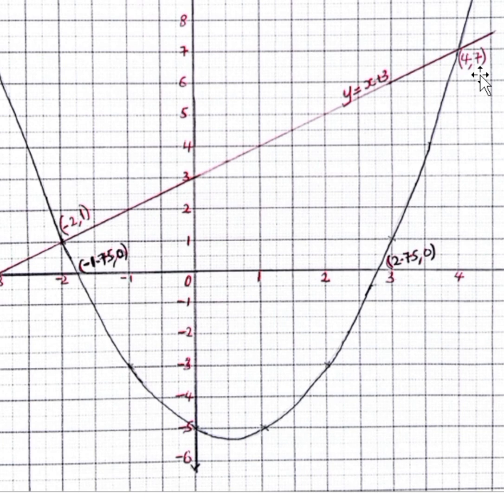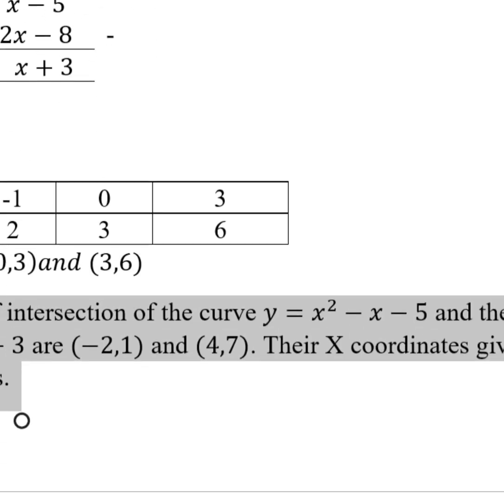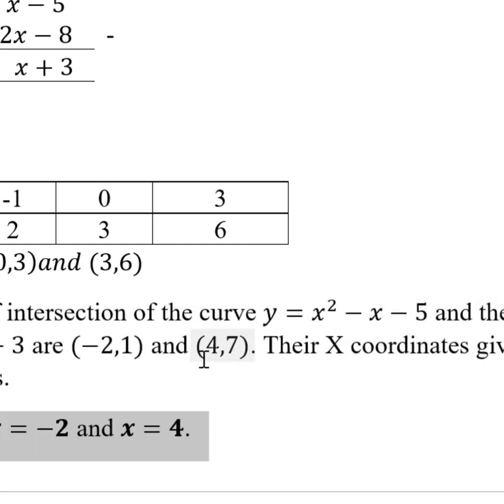Concentrate on the x coordinates. The x coordinates will be the values that we shall need to give as the answer. So as we have seen, the graph intersects at negative 2, 1 and 4, 7. The x coordinate is negative 2 for this point, and the x coordinate is 4. So that means x is equal to negative 2 and x is equal to 4.